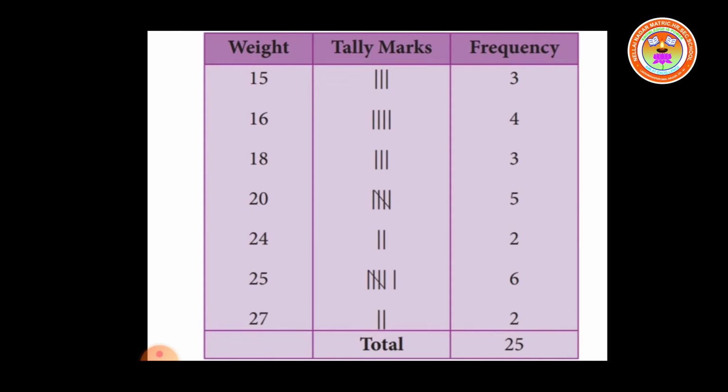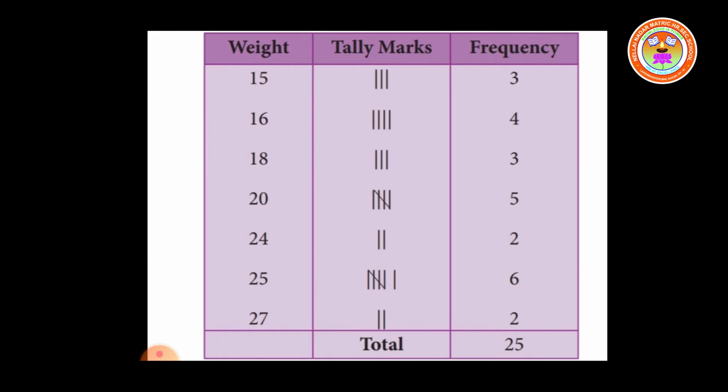So frequency 4. Next one weight 18. 18 occurs 3 times. So 3 vertical lines in tally marks. Frequency 3. Next weight 20. 20 occurs 5 times. So first 4 vertical lines and the fifth counting is a slanting line. So the frequency is 5.